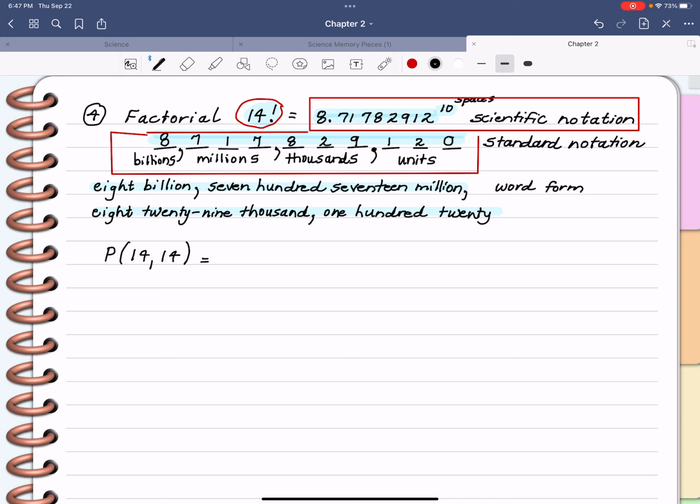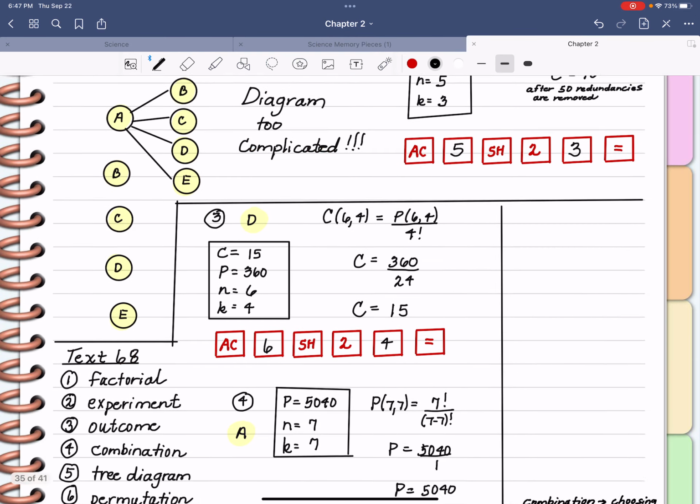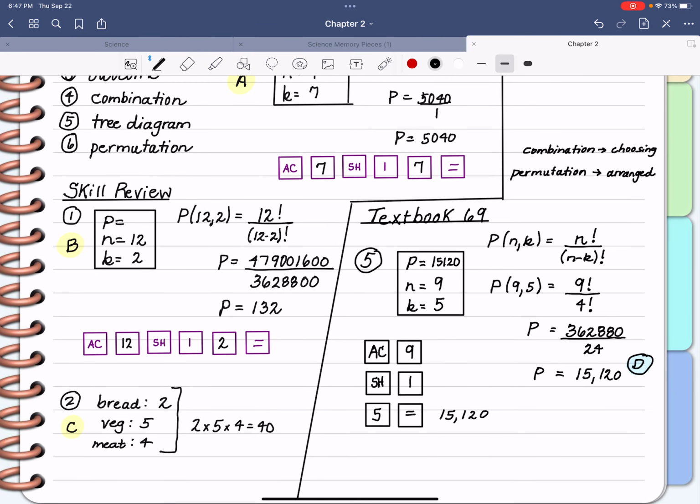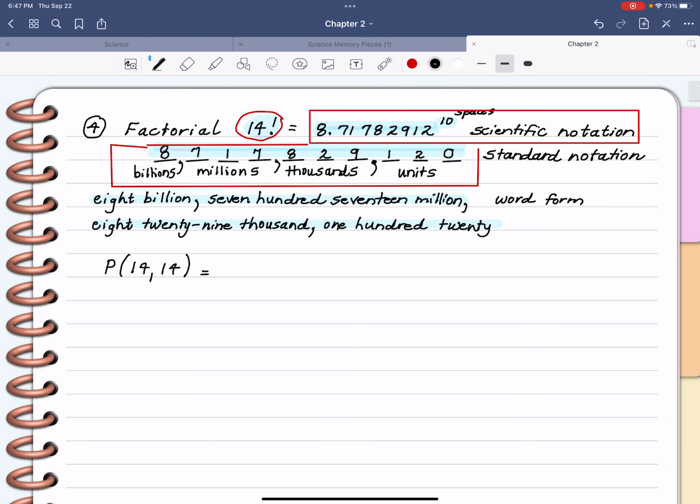So it would be, I've forgotten my formula yet again. N factorial over the difference factorial. You'd think by now I would know that. So we're going to have 14 factorial over n minus k factorial. That is going to be 14 minus 14 is 0 factorial.